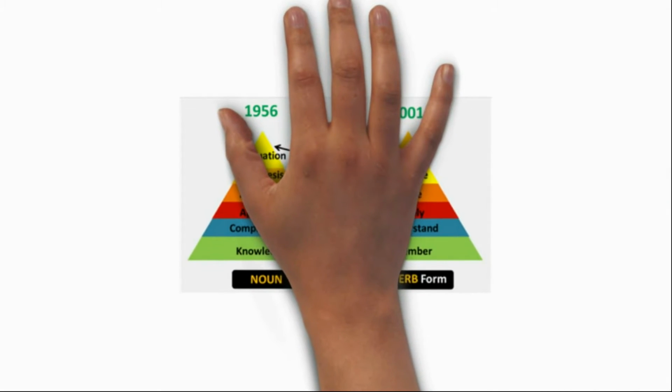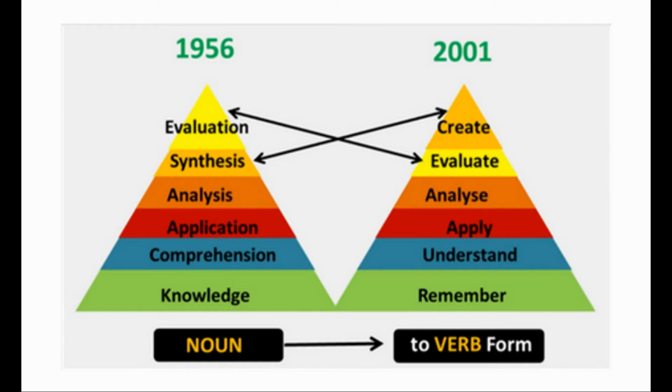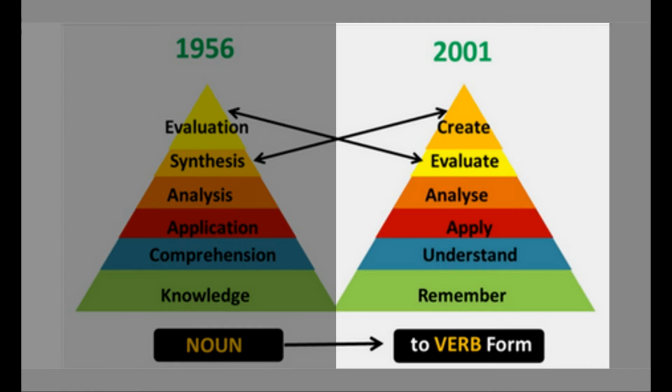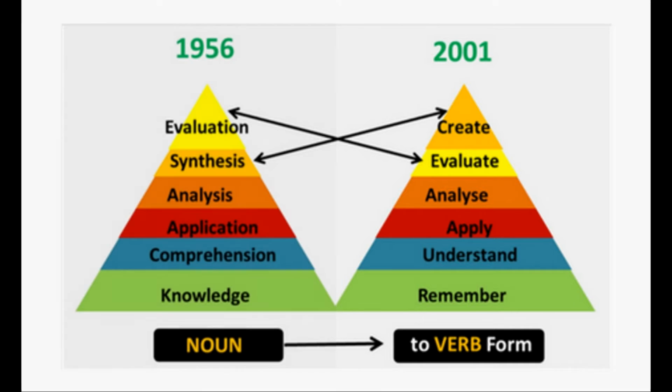Bloom founded the Bloom taxonomy in 1956, starting from knowledge, comprehension, application, analysis, synthesis, and evaluation. But in 2001, one of the students of Bloom actually revised the Bloom taxonomy.